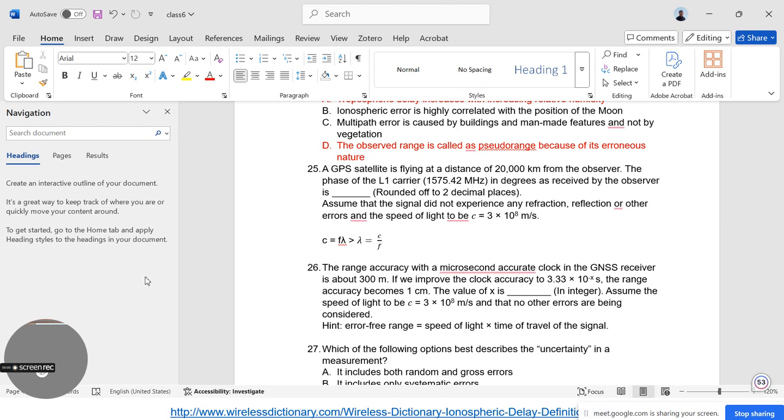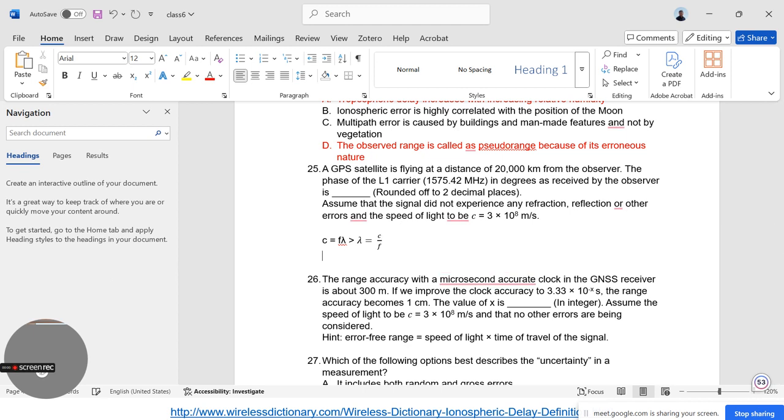Okay, if there is no issue, we know what lambda is. We have the distance, which is 20,000. That distance we will divide by the wavelength, and if we get an integer number, then we do not have any phase shift. If we get some fraction, then we calculate how much fraction of lambda it is, whether it's lambda by 2 or lambda by 4.